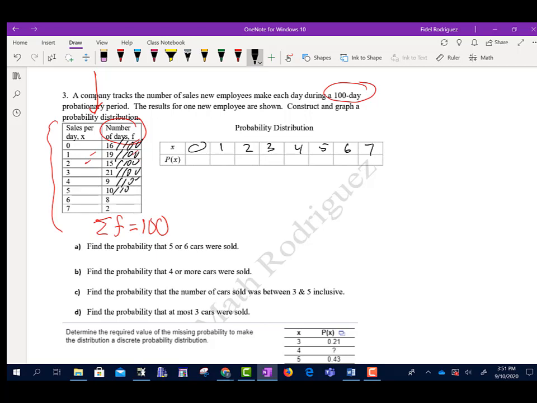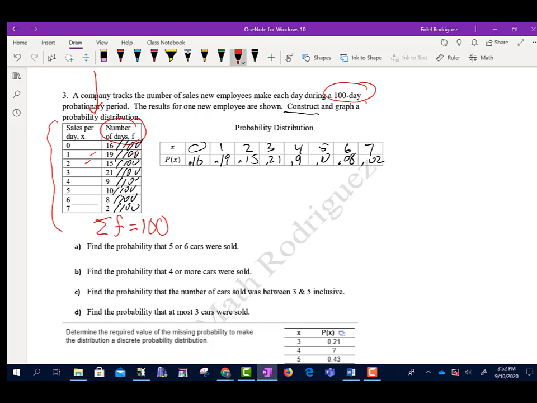So if I take each of these numbers here and divide them by 100 and write them as a decimal, for the first one, because I'm dividing by 100, it's going to be 0.16, 0.19, 0.15, 0.21, 0.9, 0.10, 0.08, and 0.02. Okay? So we have done the first part, which is to construct our probability distribution.